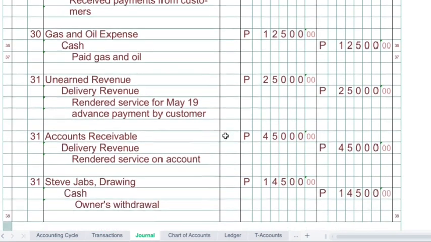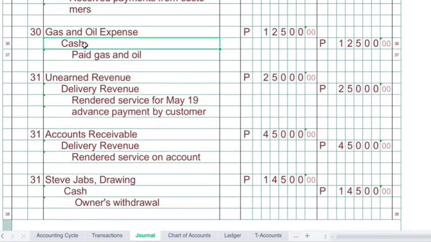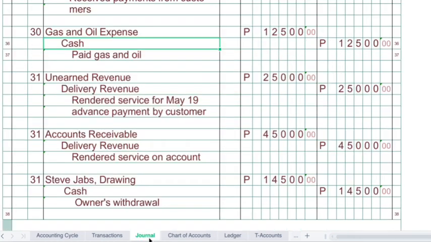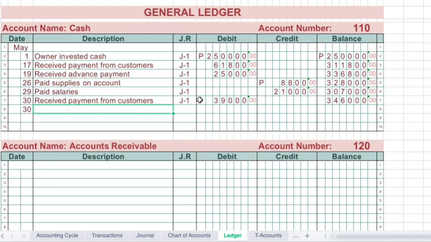Let's see. Okay, so meron pa tayo nung May 30 cash debit 12,500. So we paid gas and oil. That is 12,500.